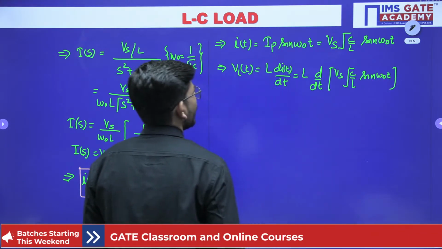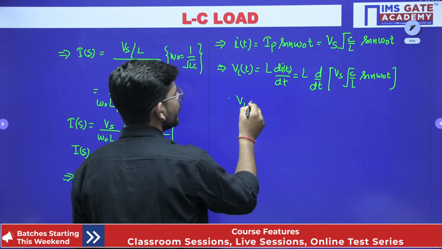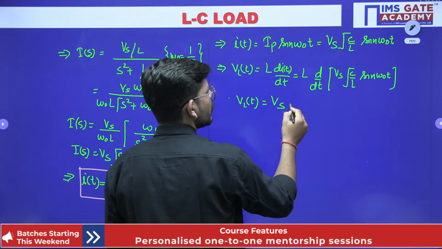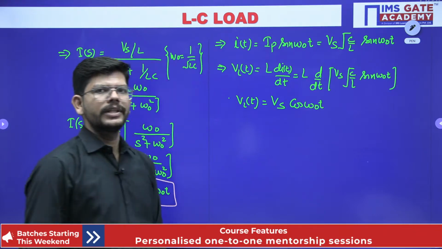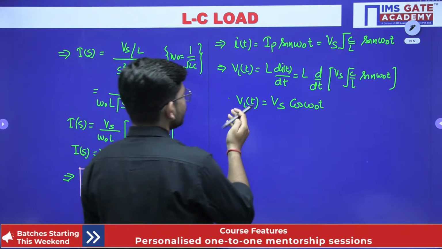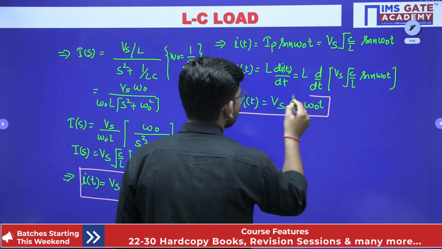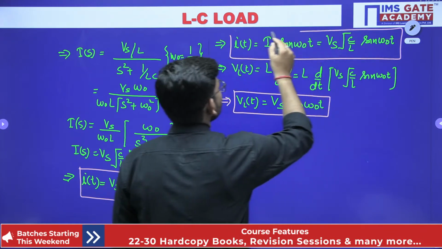Just solve this expression, and you are going to get the value of VLT as Vs cos omega naught t. I can very easily calculate from this expression, isn't it? So without solving, I know that this is going to be the value of VLT. So this is my inductor voltage. This is my current of this circuit.